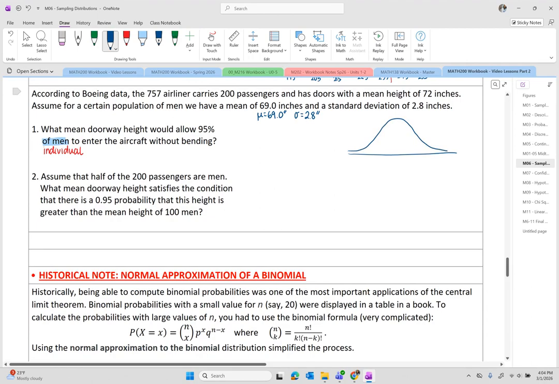And this will be men's height in inches. And the mean will be 69, and every tick mark will be 2.8.